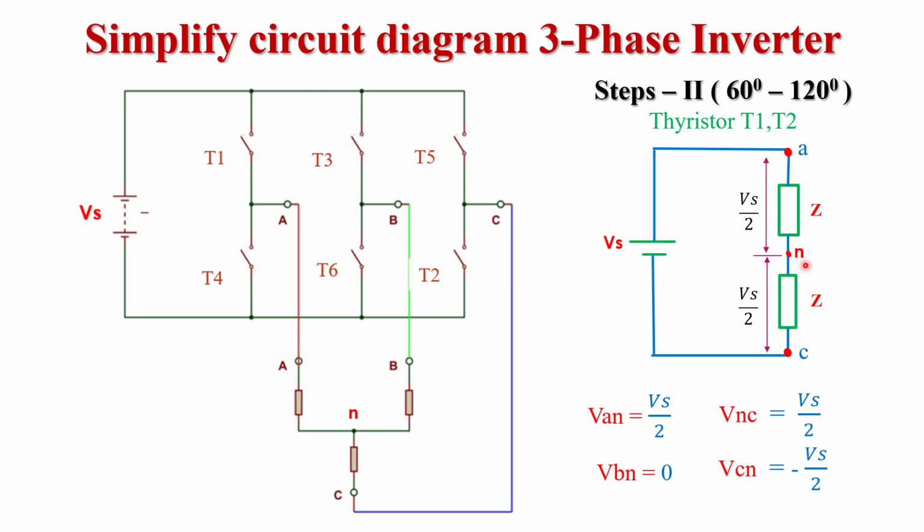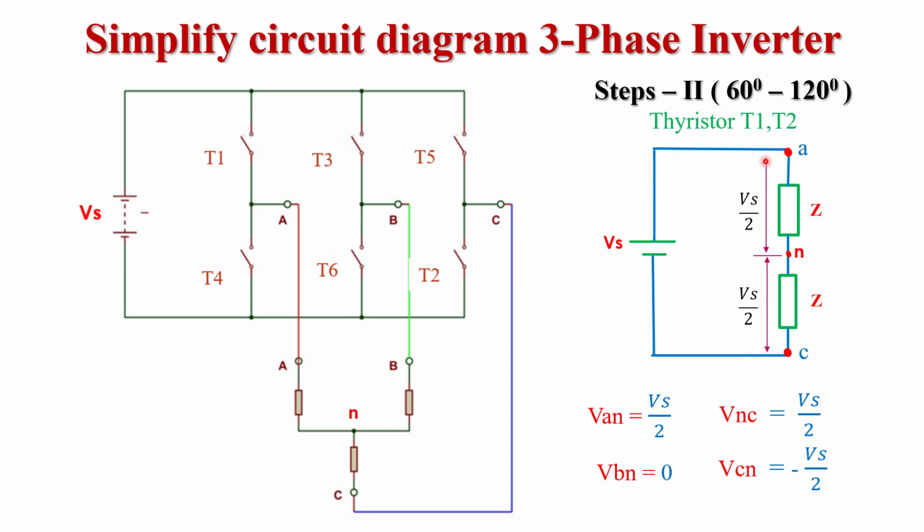This is the neutral point and here we see both the impedances of the load are the same, that is Z. Current always flows from positive terminal to negative terminal. So the upper terminal is positive and the lower terminal is negative, so current flows in this direction from A towards C.